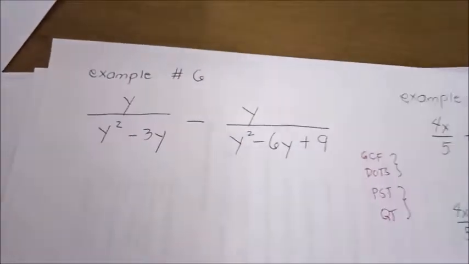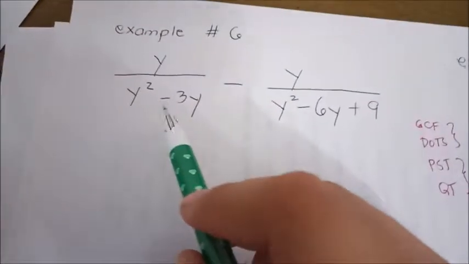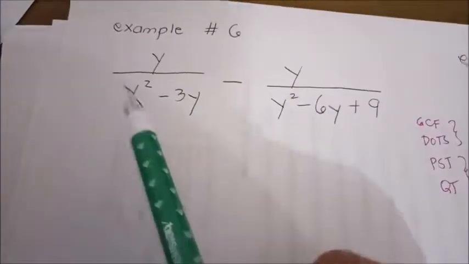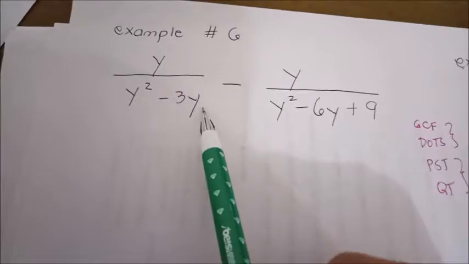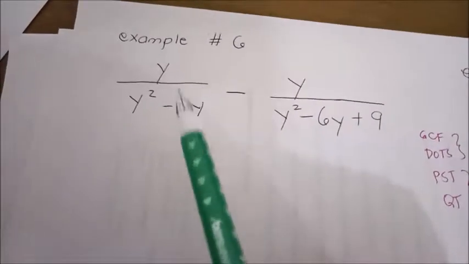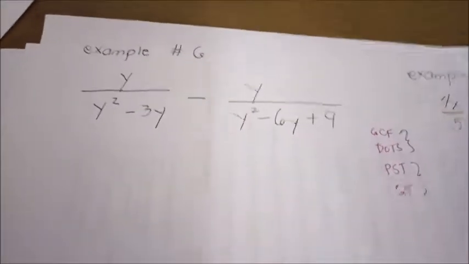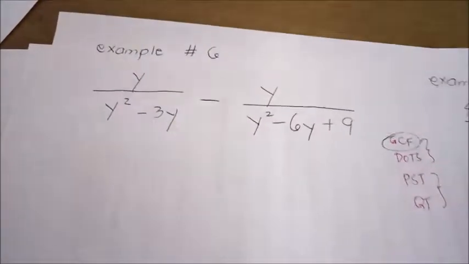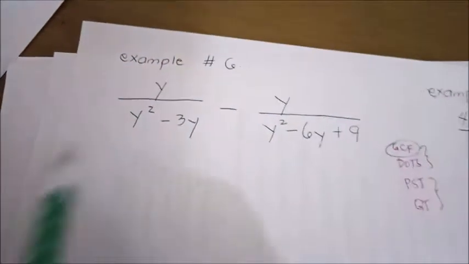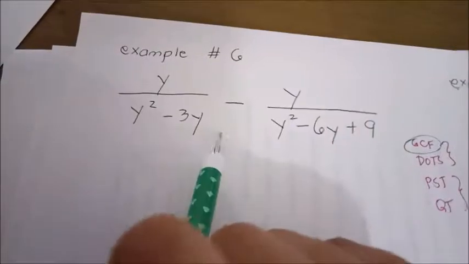Yan. Unahin natin itong unang denominator. y squared minus 3y. Parehas may y. Okay? We cannot get the square root of 3. So, ibig sabihin, kung itong dalawa lang ang pamimilian mo, edi dito ka na sa GCF or factoring the GCF. Now, the common factor of y squared and 3y, anong parehas sa dalawang terms na ito?